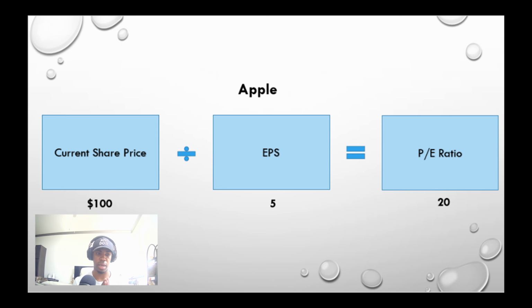A lot of variables like changes in the PE ratio from year to year, steady earnings, and share price volatility will determine whether or not this number is a good one. Okay, so if earnings are stable and the price of the stock remains constant, then the PE ratio is unlikely to experience big ups and downs.